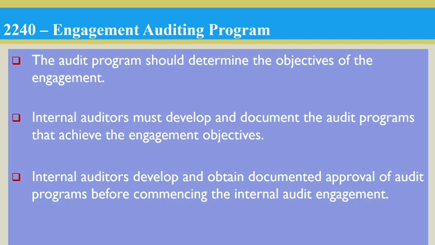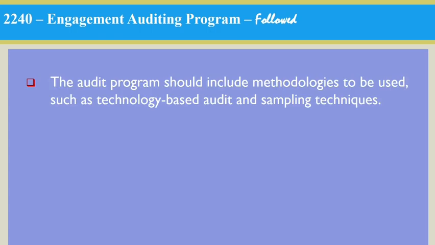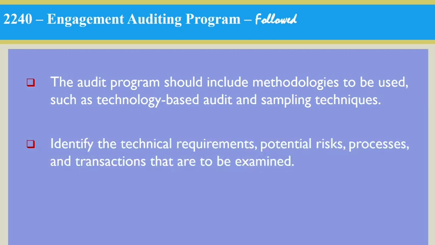Internal auditors develop and obtain documented approval of audit programs before commencing the internal audit engagement. So before you start the engagement, you have to take approval for the auditing program from the supervisor or the chief audit executive.